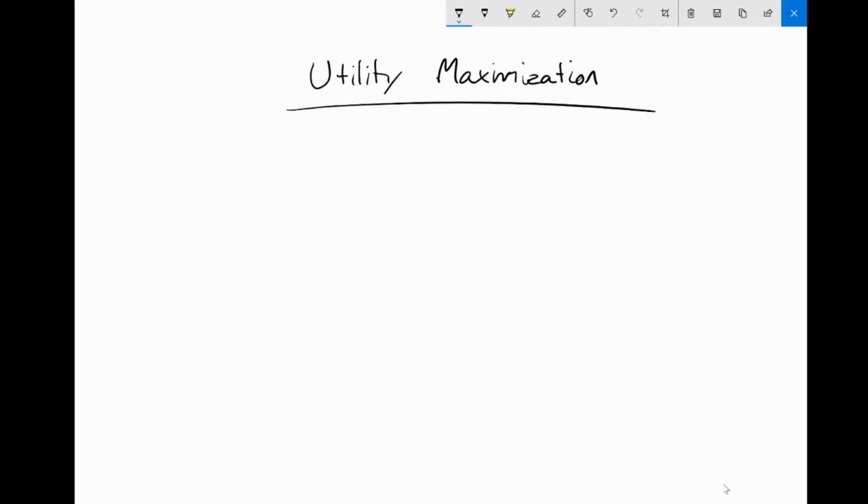That a rational agent always makes decisions that give them the most of what they prefer given the constraints that they face. We talked about how they make decisions on the margin. That is, that they use marginal analysis. We make decisions on the margin, and we make optimal decisions.